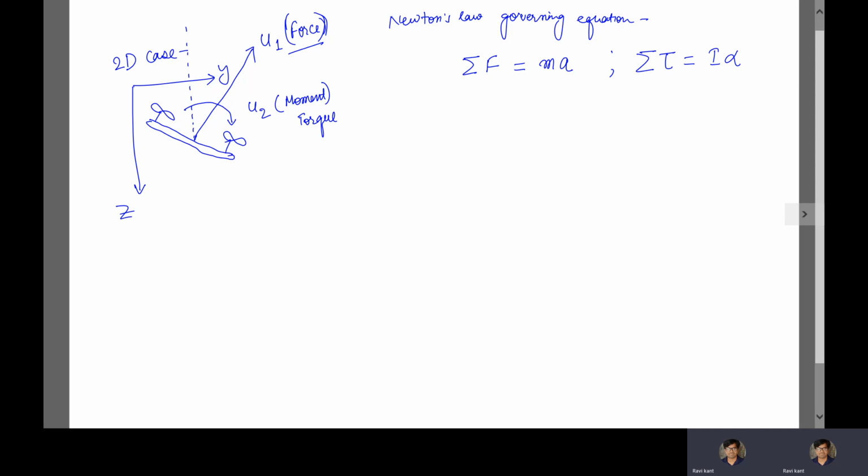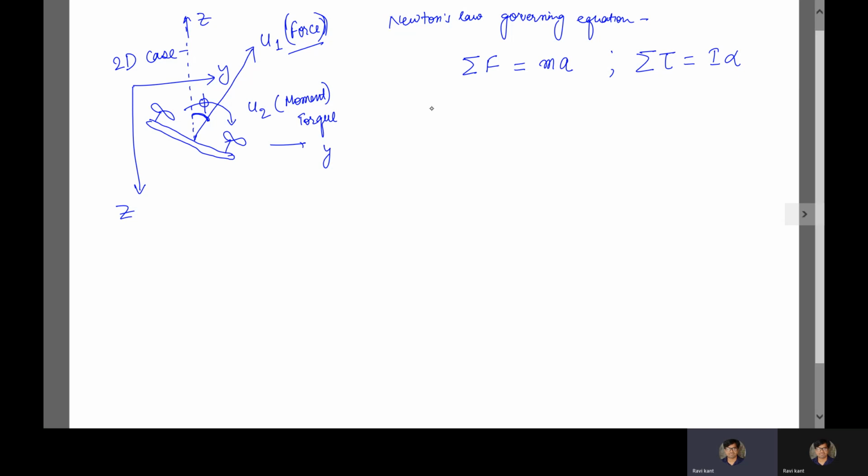One more thing. The linear acceleration can also be seen as a component in the z direction and in the y direction as well. Let's suppose the current angle at which the drone is oriented is phi.